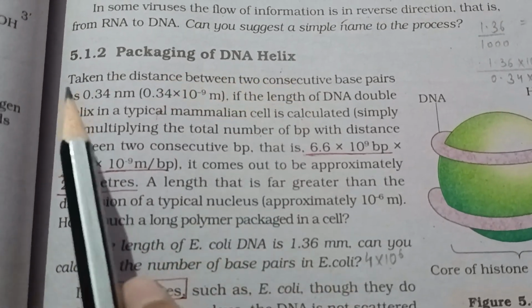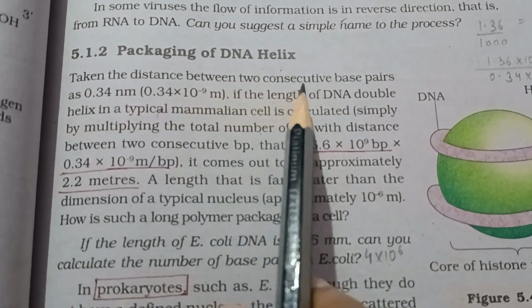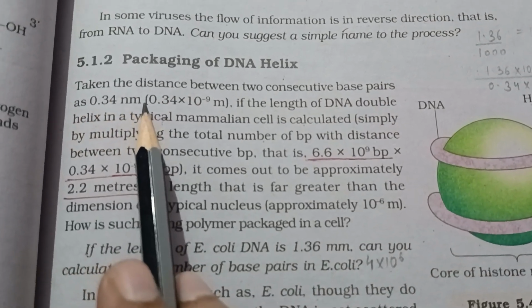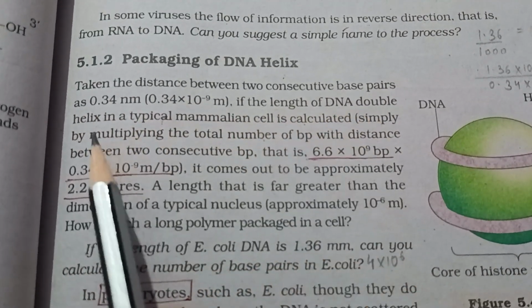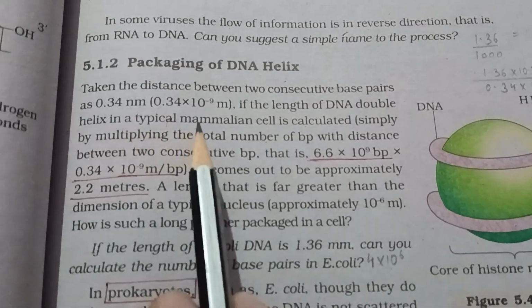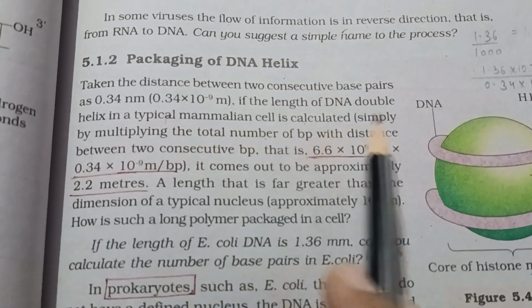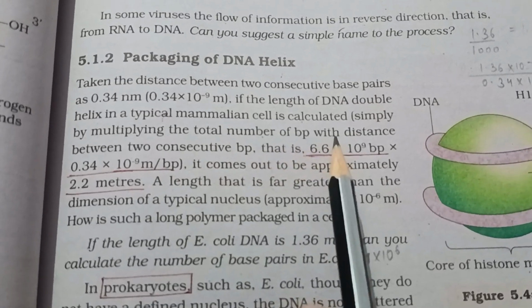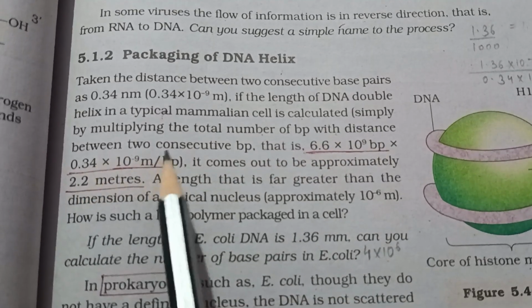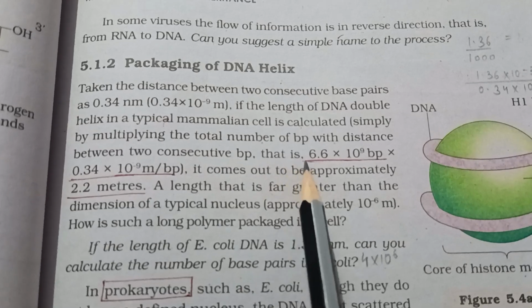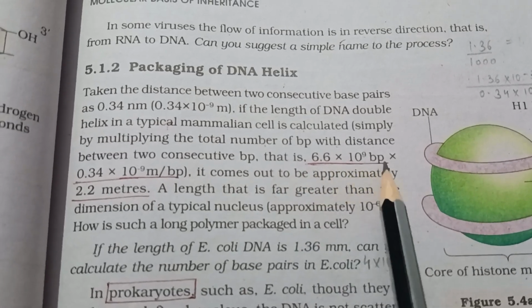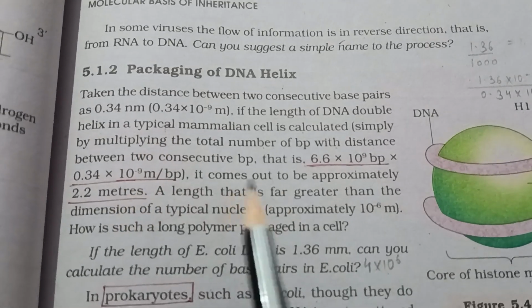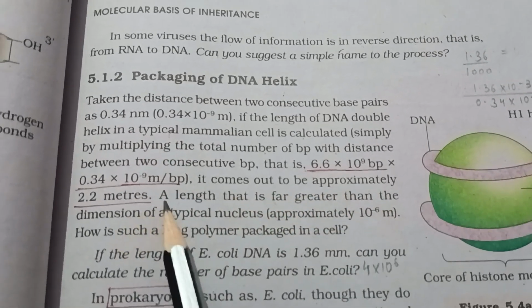Packaging of DNA helix. Taking the distance between two consecutive base pairs as 0.34 nanometer, if the length of DNA double helix in a typical mammalian cell is calculated simply by multiplying the total number of base pairs with distance between two consecutive base pairs, that is 6.6 into 10 to the power 9 base pair, into this number, it comes out to be approximately 2.2 meters.